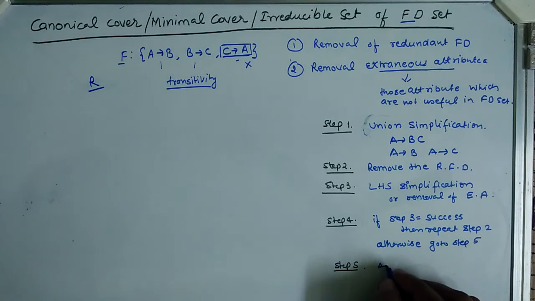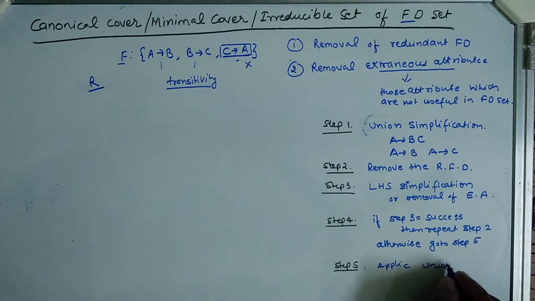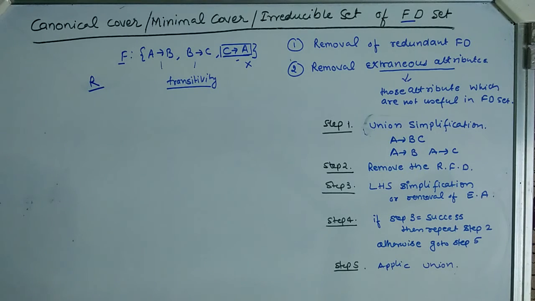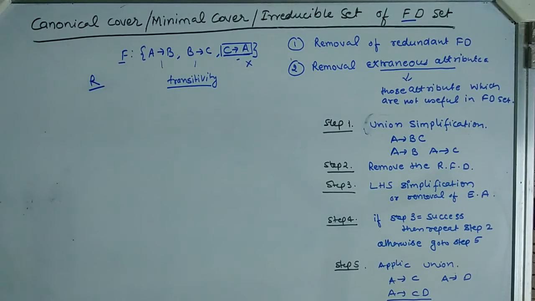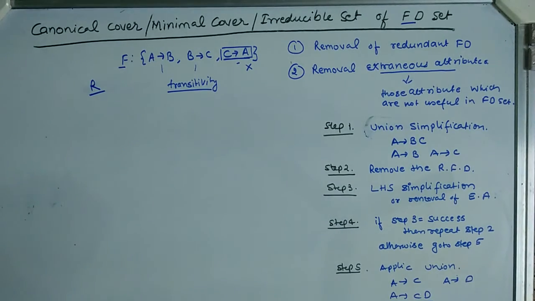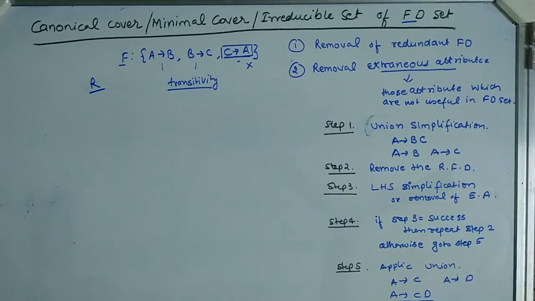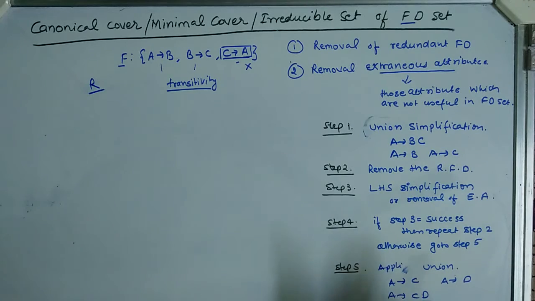Step 5 says apply union. Applying the union property means if any functional dependencies like A tends to B, C and A tends to D are given, then you can write A tends to BCD. So you can combine them with the property of union.